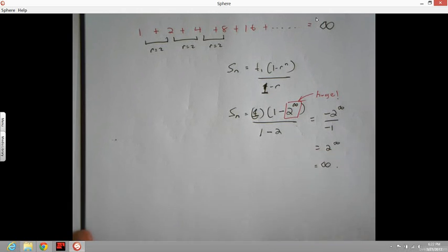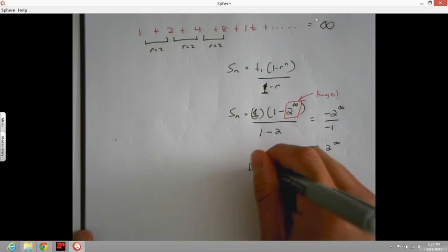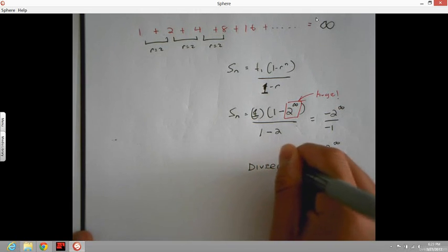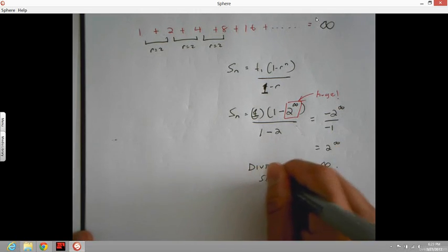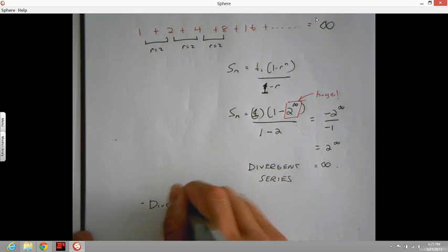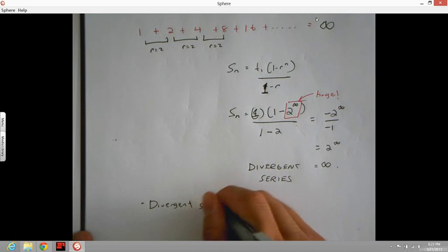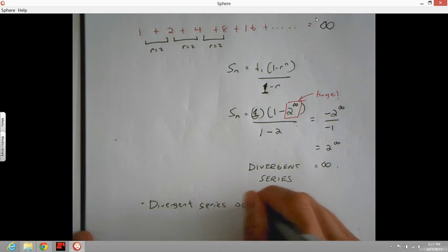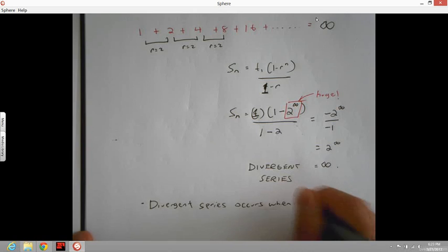This is what we call a divergent series. A divergent series occurs when r is greater than 1.